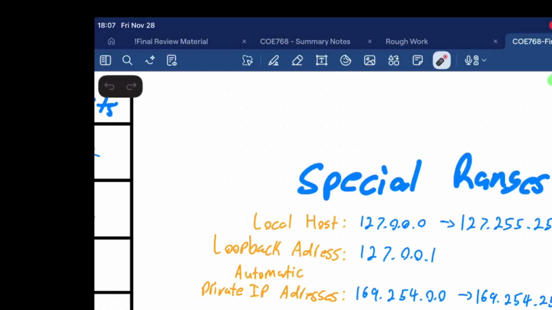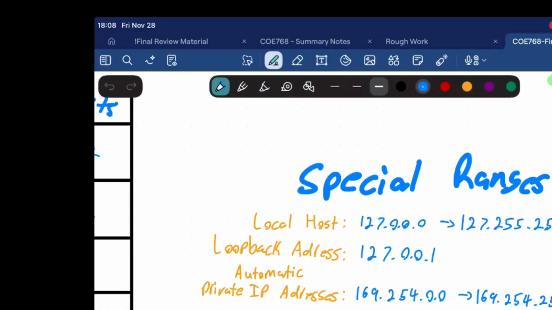This is similar to what the localhost is a part of, but it's specifically your host that is on by default. Last but not least, there are automatic private IP addresses, which are also restricted. So if you are asked a question, these would not be assigned to it.